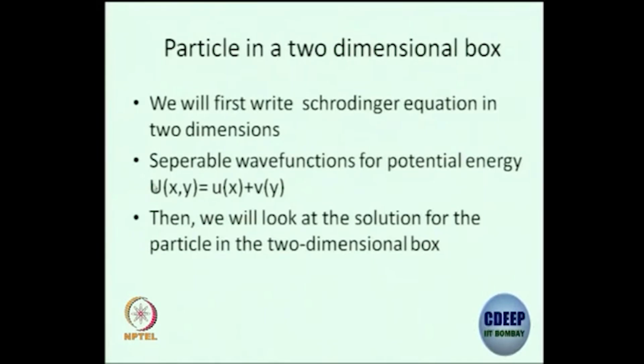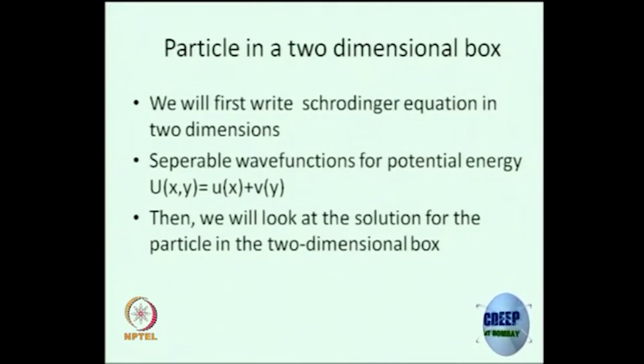So this particle in a 2-dimensional box falls into this class where U of x, y is 0 for all x and y between 0 and L. If x and y are taking values between 0 and L, U of x, y is 0 and you can treat this condition as being satisfied. So you can do separable wave functions.